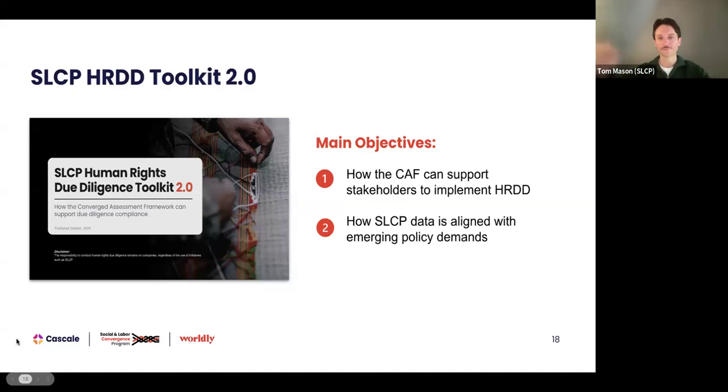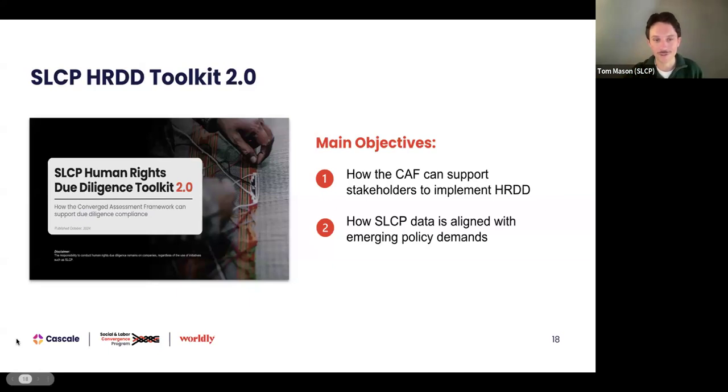What we've done here is we've tried to translate these different requirements or expectations into an easily digestible way that we can communicate to you how the CAF is useful. This is our main objective of the toolkit, to ensure that we can communicate how the CAF can support stakeholders to implement legislation, and how SLCP data or FSLM data as well is aligned with emerging policy expectations.